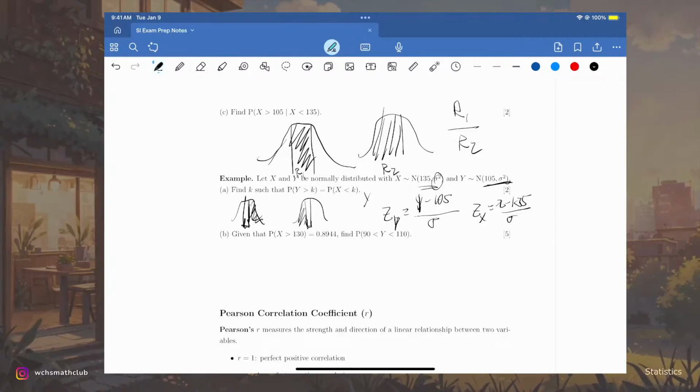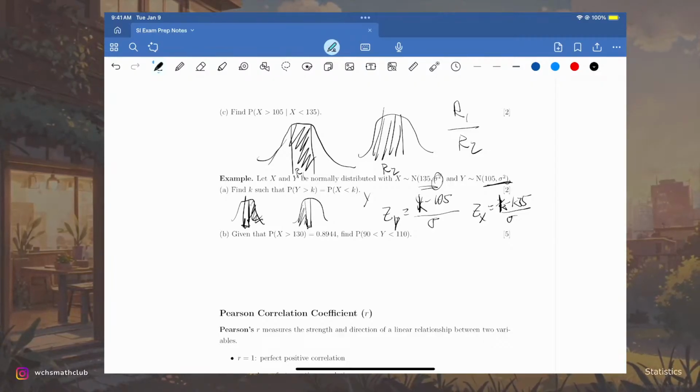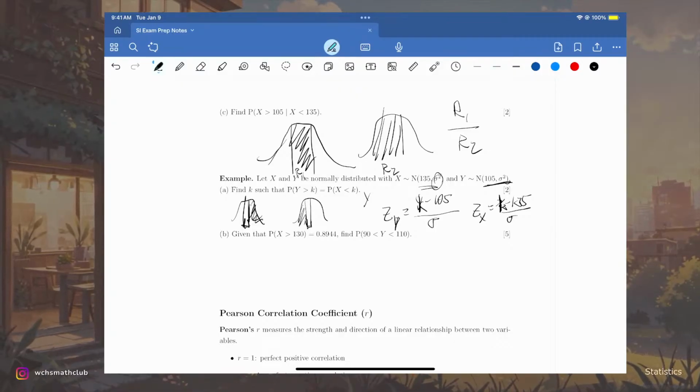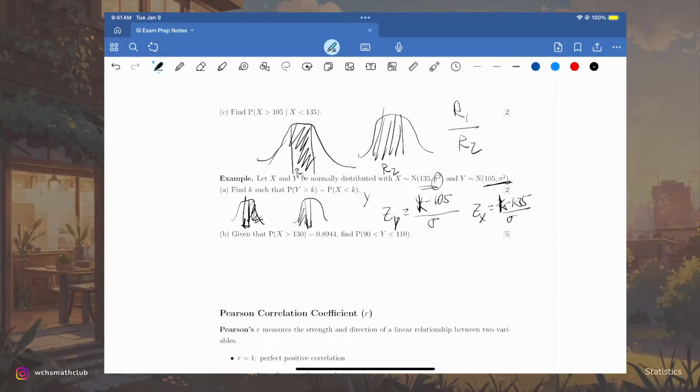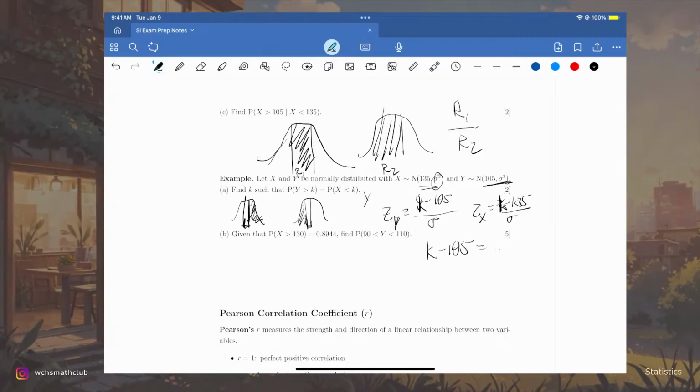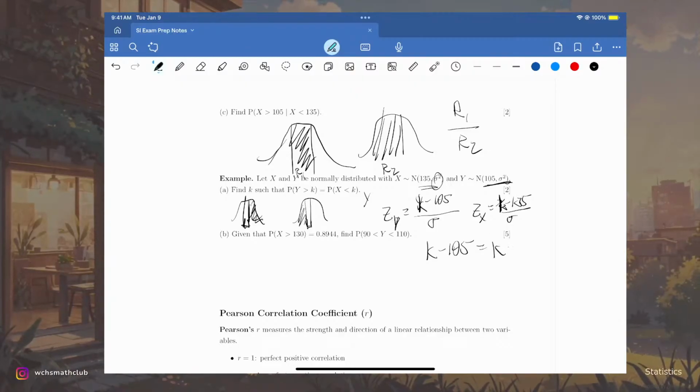I mean k, sorry. These values are k. So k minus 135 over your deviation value. And the thing is that these z values are going to be negative of each other because one's above and one's below. So what that means is you get that k minus 105 is equal to negative k minus 135.